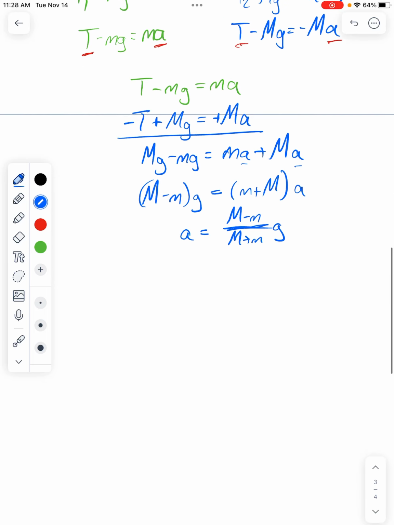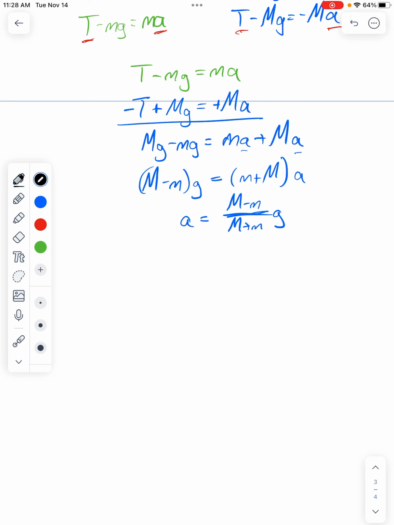And let's just make up some numbers here, just to put some in. We'll say that little m, actually we can go with the numbers that were in the video. It actually doesn't matter if you convert these to kilograms for finding the acceleration, because the units are going to cancel out. That's fine.